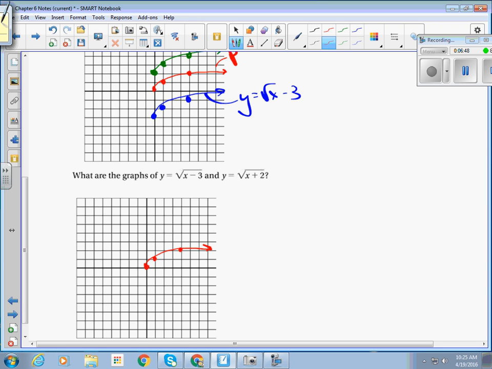And y equals square root of x minus 3: inside the root is a horizontal shift 3 units to the right. So I'm going to start here at 0, 0 and count 1, 2, 3 units to the right.